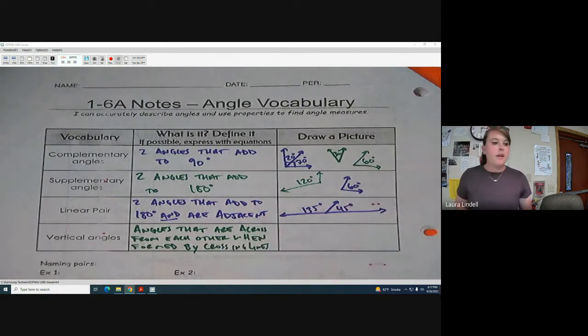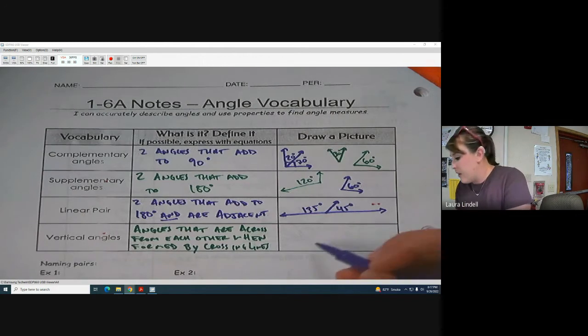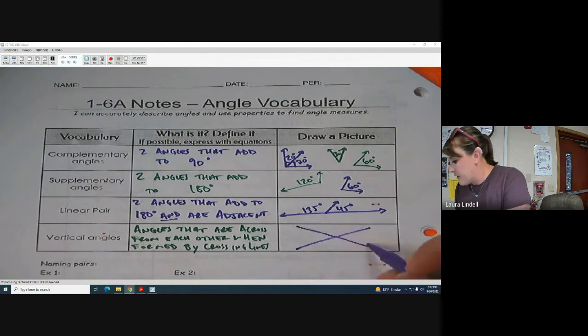All right. So the picture that we should get from this is if we've got lines that are intersecting like this.